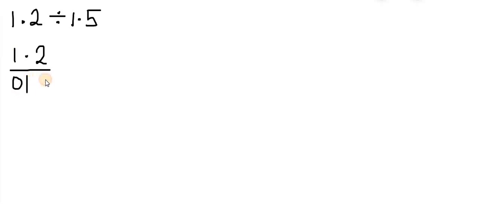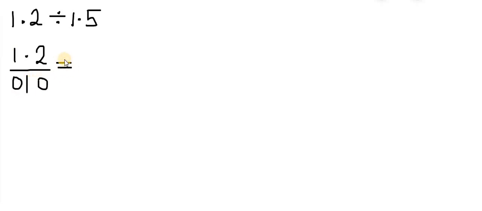Once again, we have 1.2 divided by 1.5. So, first things first, convert to fractions. The point represents a 1 below the line. Numbers either side of the point represent zeros.